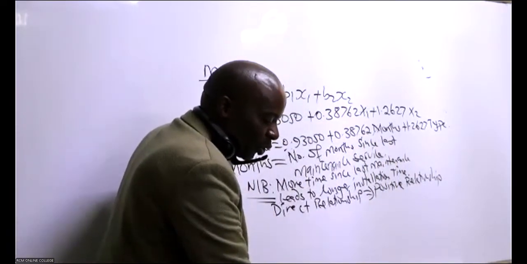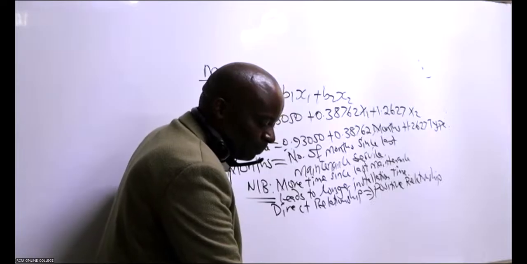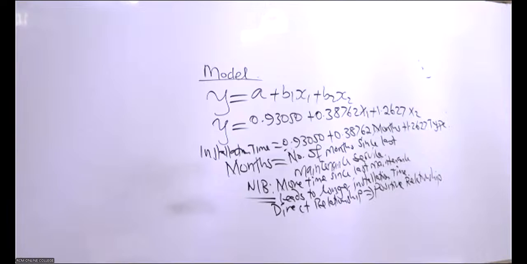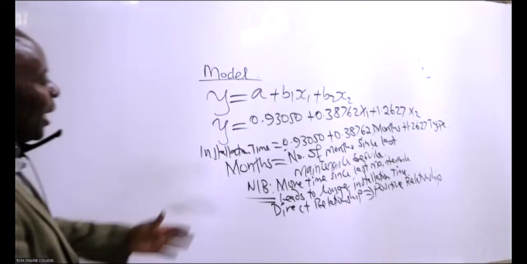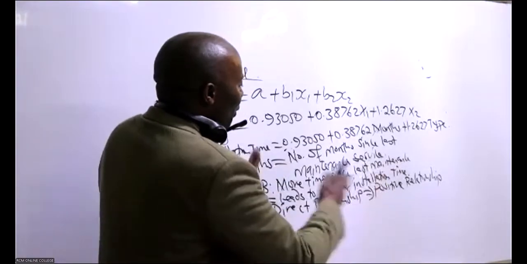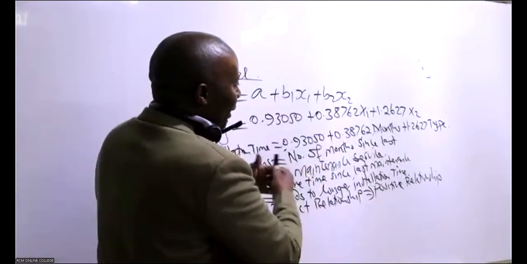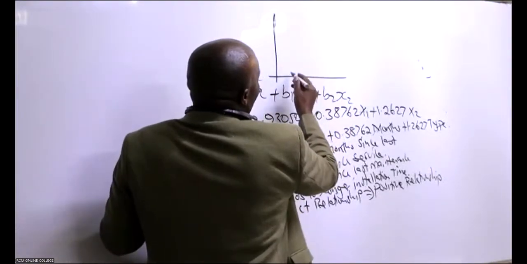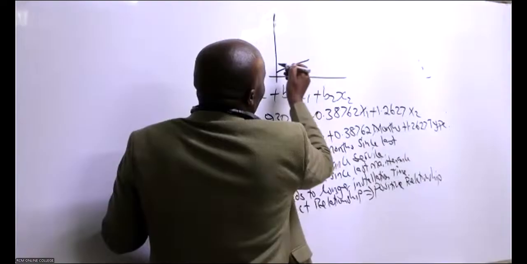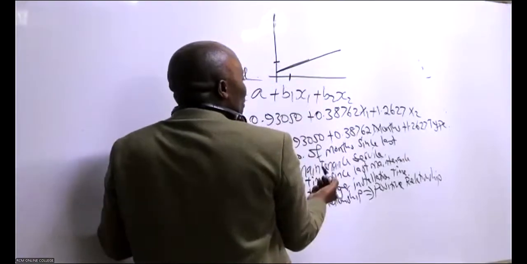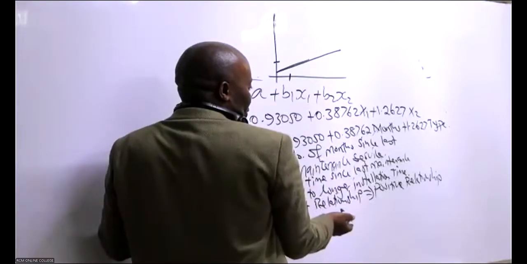Positive relationships. So it's more and more, one-on-one. One-on-one means that if you have this increasing, the other one also increases, so we have a direct relationship, also known as a positive relationship.